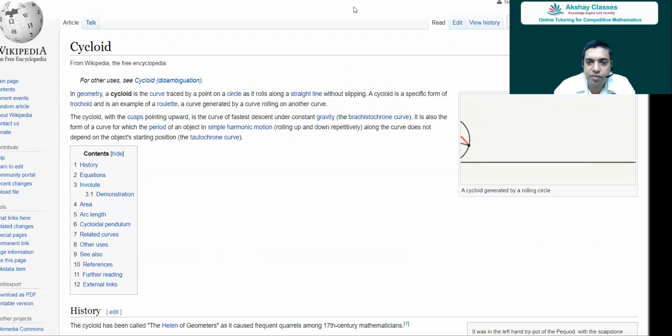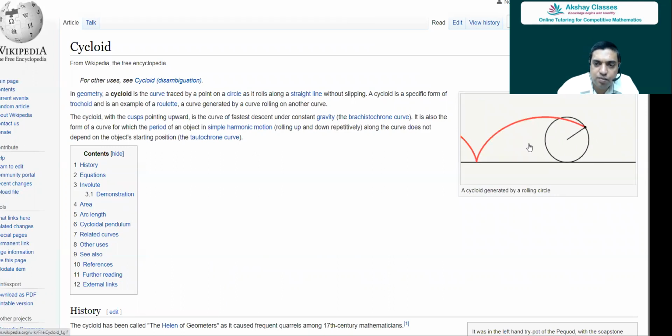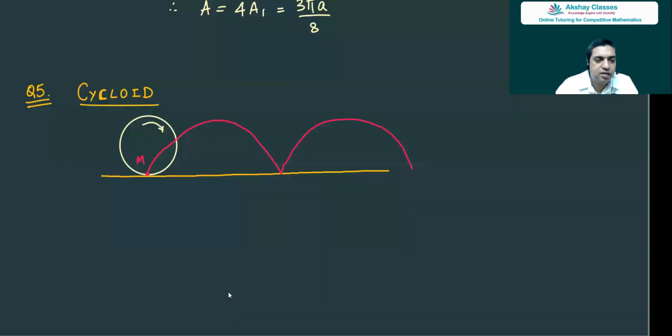So I hope you're able to see how this is being traced. So this is a cycloid. Now, the equation of the cycloid is represented parametrically.